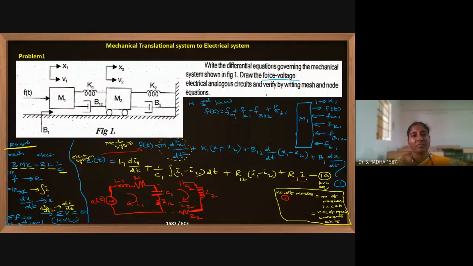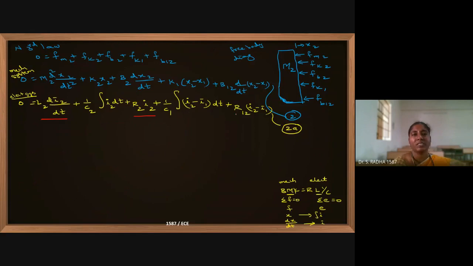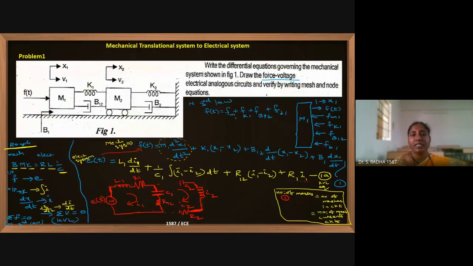You need not draw C1 again. Then R12 times I2 minus I1: the currents are in opposite directions, and R12 should be in the common path, and it is already there.